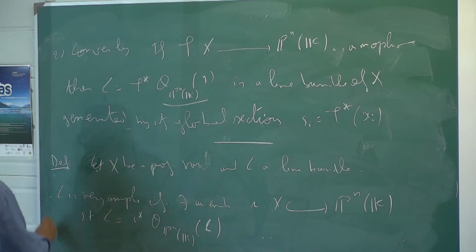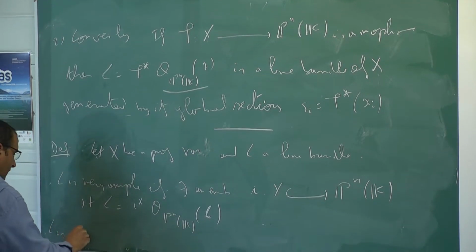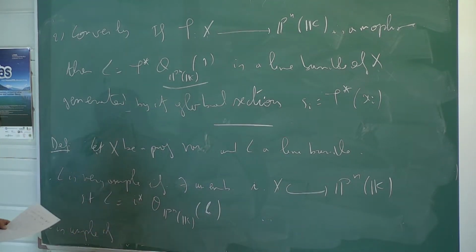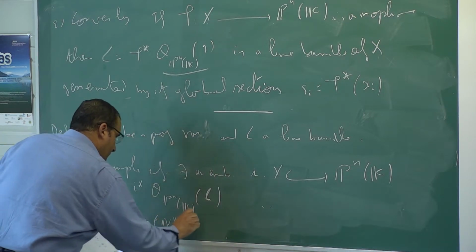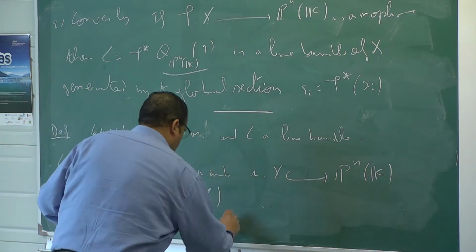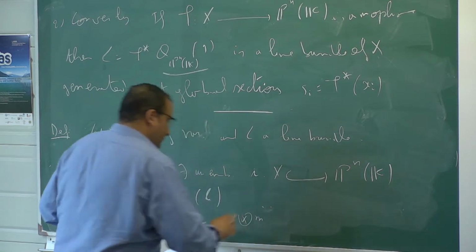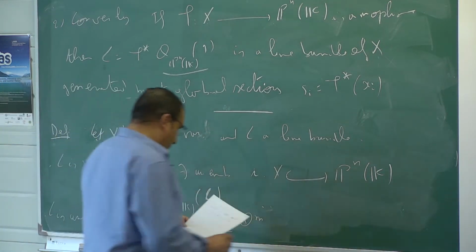And we say that L is ample if there exists M such that the tensor product L^M is very ample.